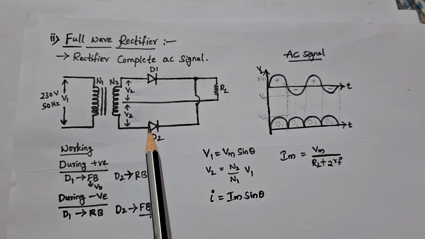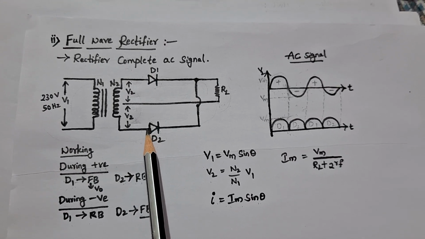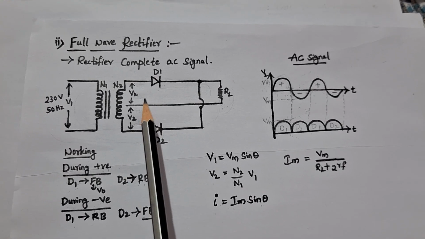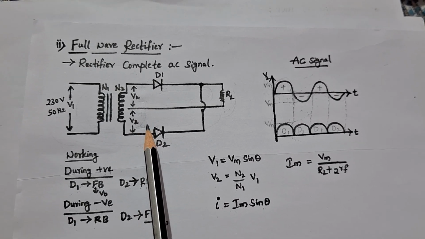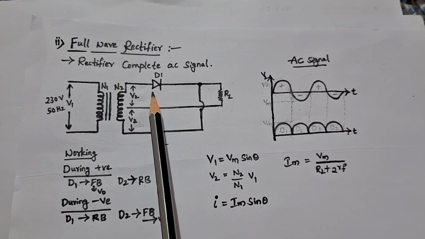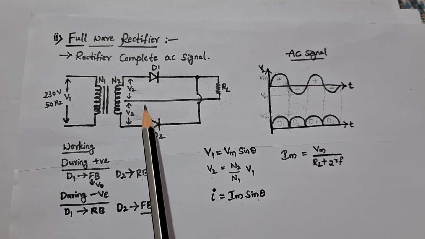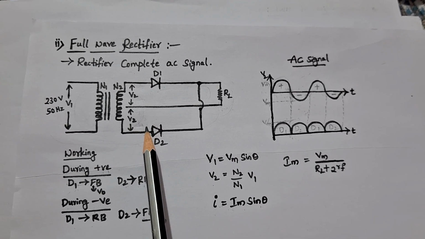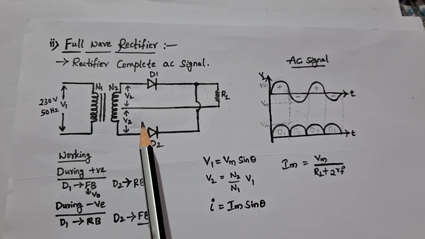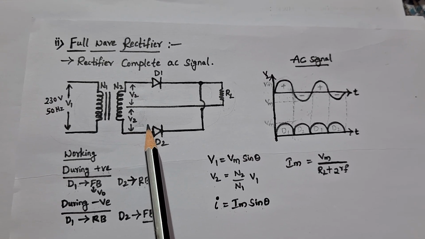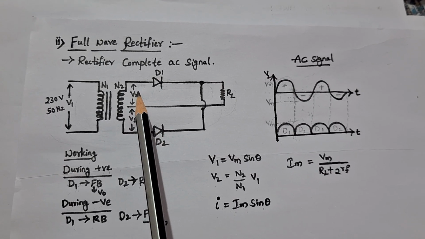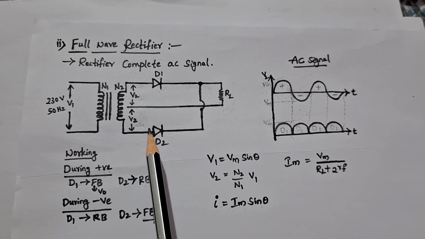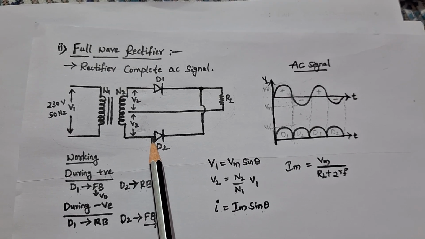Because of the secondary of the transformer, we have two sections. You can see this is the upper section from this point to this point, and this is the lower section from this point to this point. Whatever voltage appears across the upper section, the same voltage will appear across the lower section. That's why the name is center tap.